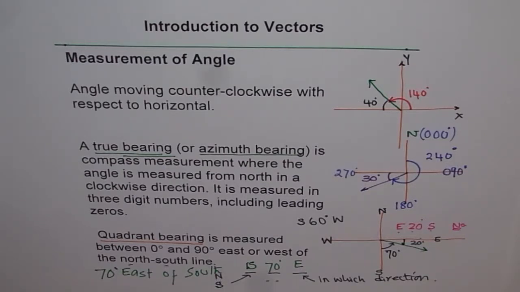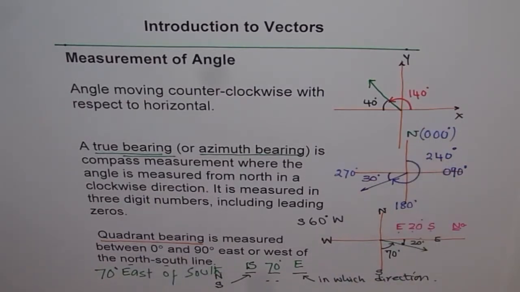Now, as part of an exercise, all the angles which I have written on this page, you can write them in 3 different ways, right? Any 3 ways you like. I prefer these 3 which are there on my page. The angle counterclockwise from the positive x-axis is one way of writing, which is the principal angle.